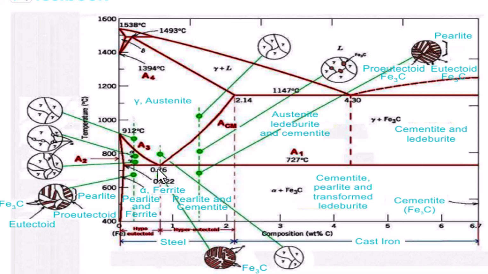When we go beyond this 0.76 range, the cementite goes on increasing. You can see cementite formation here when austenite is cooled to this region, to the right of this 0.8 percentage of carbon.